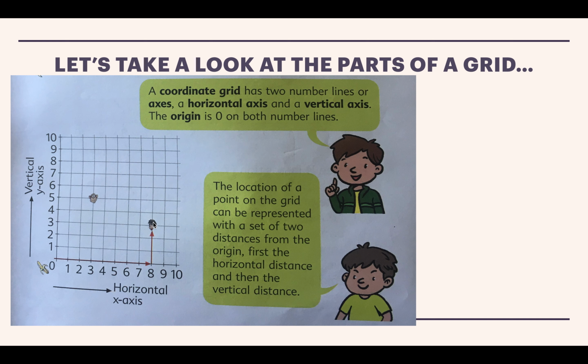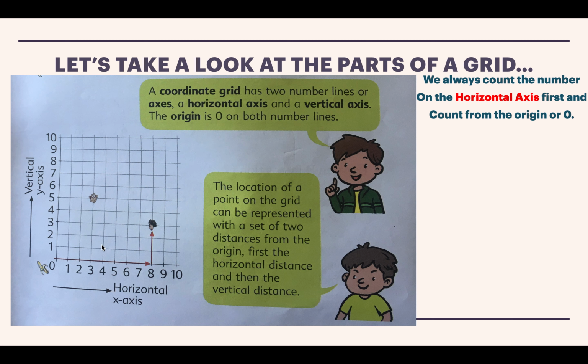So if we look at this one here, we can represent this monkey by using a number from each axis, and this will generate what we call a coordinate. All right, so very important rule. We always count the number on the horizontal x-axis first, and we always count from the origin, 0. So we always start with the horizontal x-axis when we're trying to find a location.